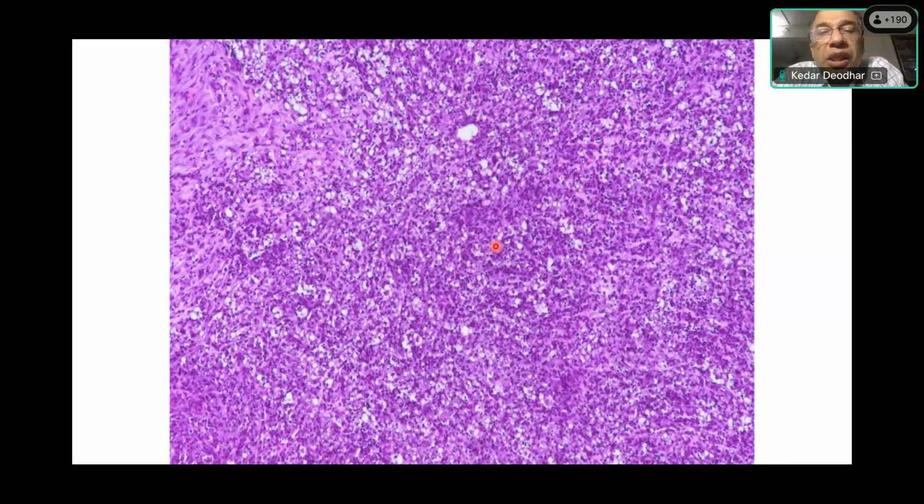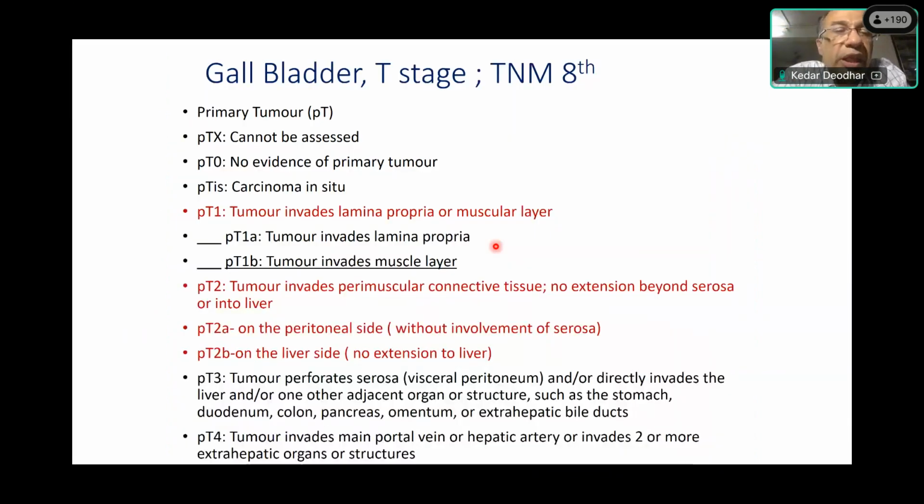So the T stage for gallbladder is given in textbooks. PT1 usually is invasion of the lamina propria or muscular layer, and what is important is the PT1B tumor in staging. If we can see definite adenocarcinoma, many of them are papillary in nature, or they will have a lot of proliferation along the mucosal aspect.